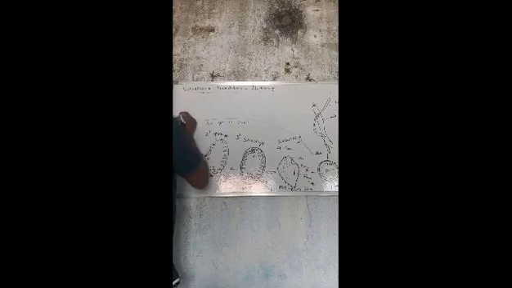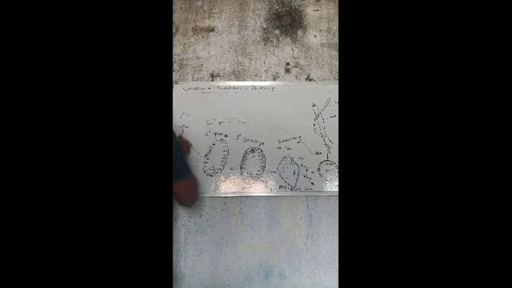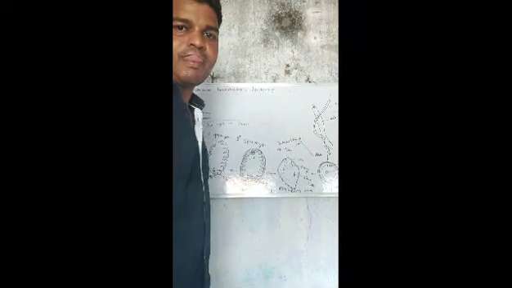So here this is the Cercaria larva. Here this is the cystosome, this is the oral sucker, this is the ventral sucker, and this is the fork.